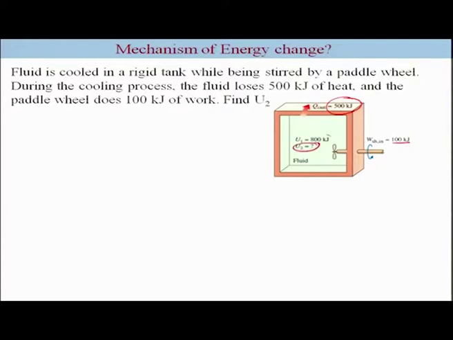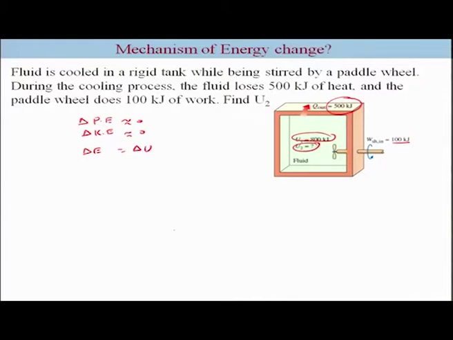Initial internal energy is given to us. Of course the system is stationary, it's not moving, so the changes in potential energy and kinetic energy are going to be 0. So that means delta E is nothing but delta U.